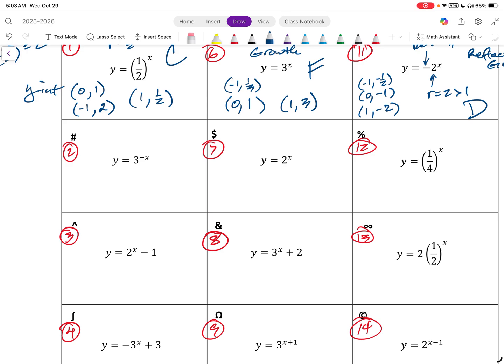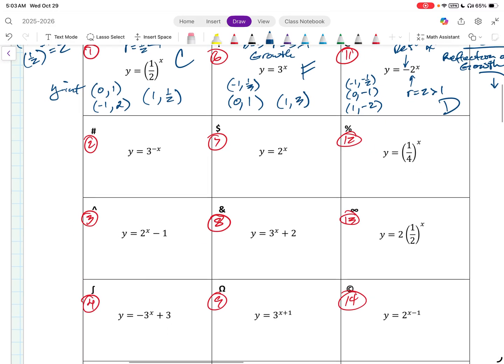All right. So you have to rewrite this function here. When you have negative exponents, rewrite it because this is growth in disguise. So, excuse me, decay in disguise. What do I mean? Well, okay, so let's rewrite this.